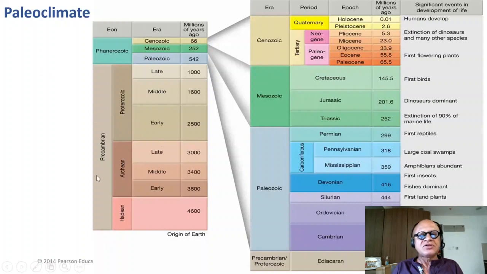Paleoclimate in general is all about past climates, but it covers the range from a few centuries to millions of years. You've probably seen the geologic timescale map somewhere. Hadean, Hades is a Greek word for hell.